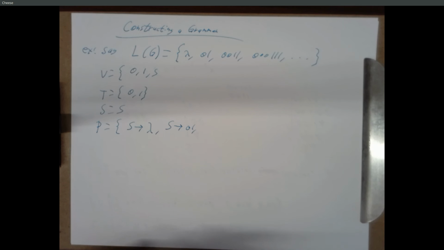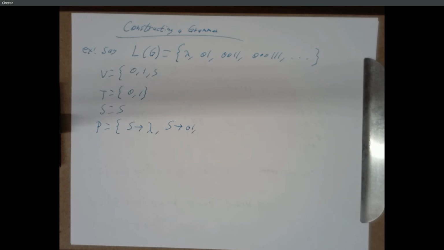We can have 01 go into 0011. So terminal symbols can't change into something else. That's the terminal part of them. I don't think I said that. But we can mimic that with some other symbols.